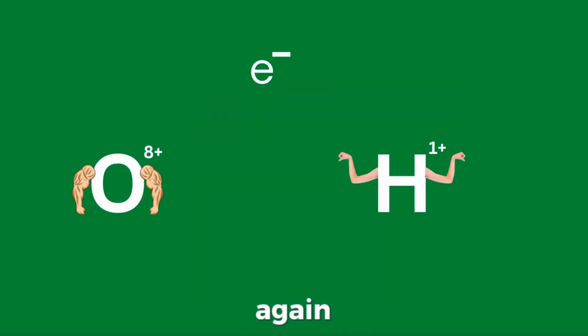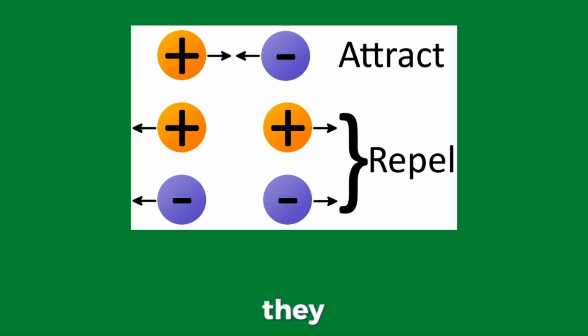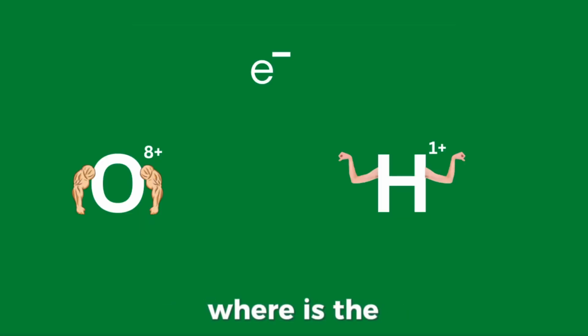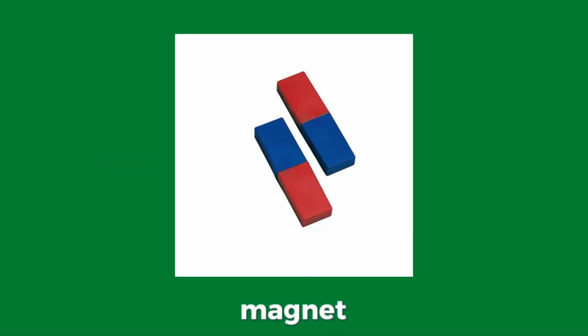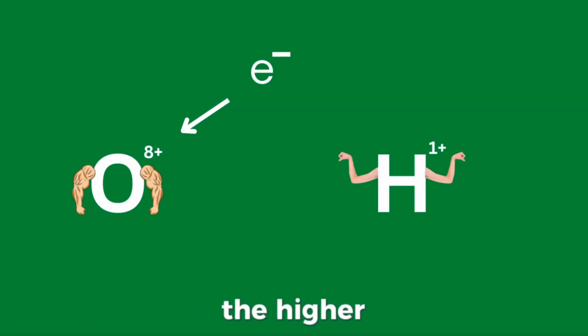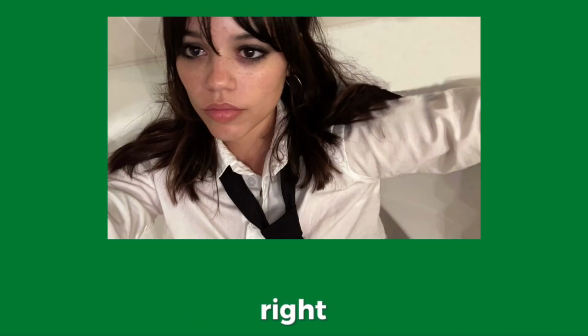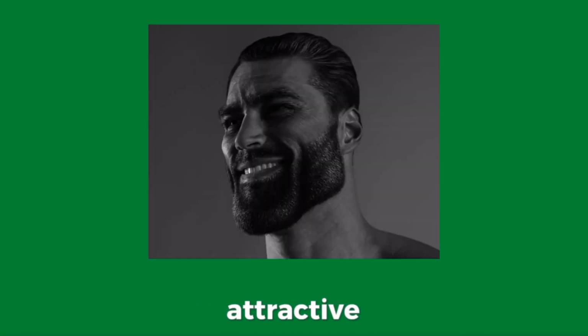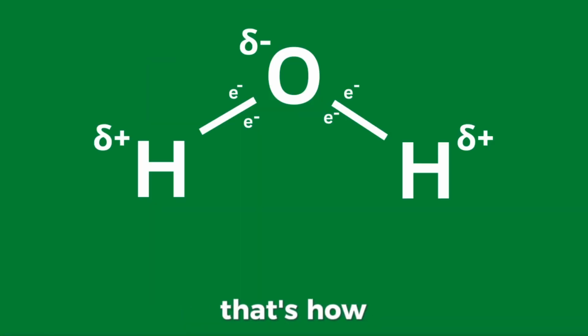Negative and positive attract each other. Exactly like a magnet, the electron is going to be more attracted to the higher proton density, the higher positive charge in oxygen. Kind of like the Latina baddies: they are going to like the attractive guy and not the hydrogen. So that's how it works.